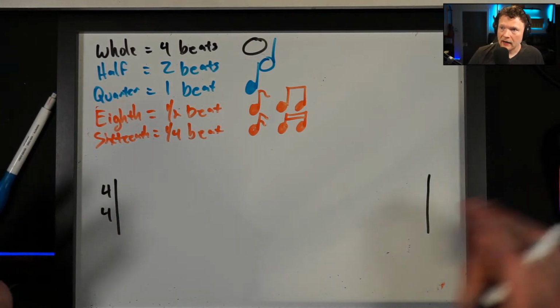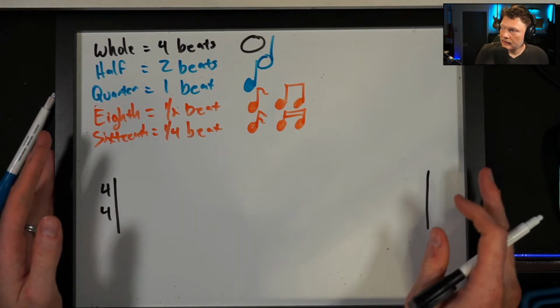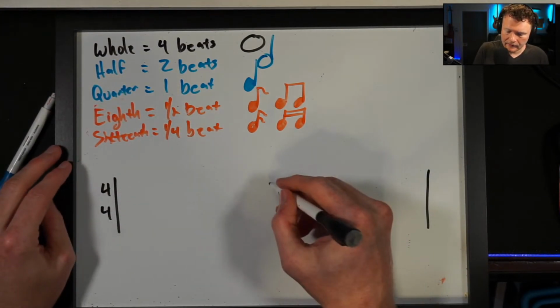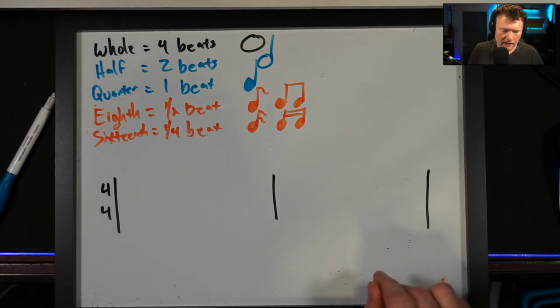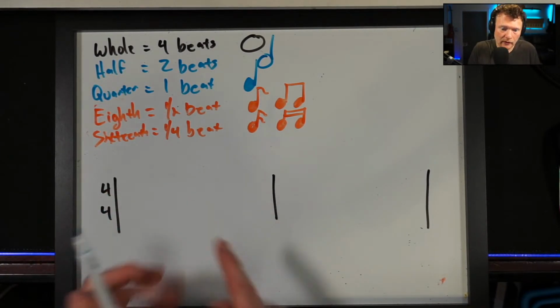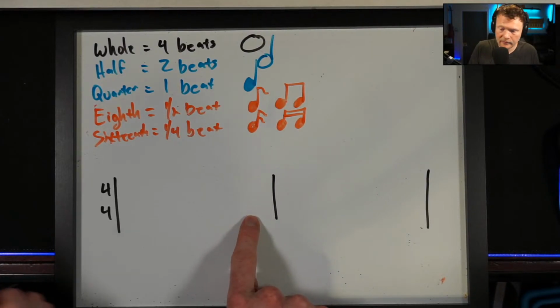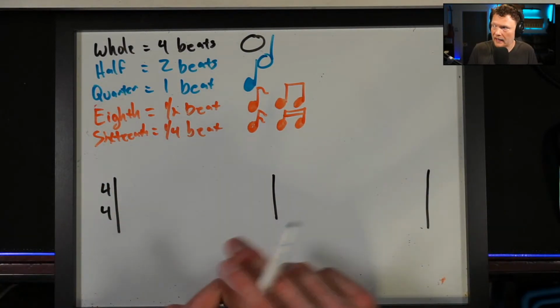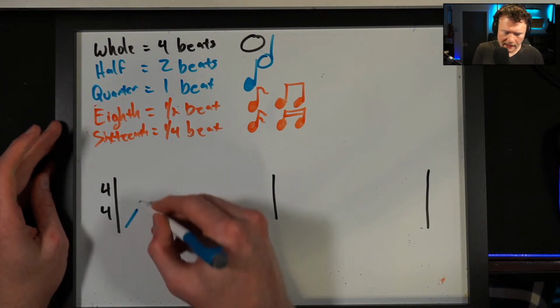Okay. Now, sometimes though, you don't want to have that. You want to have something filled more, so you're like, well, maybe I have a note played right here on the 4th beat, but I want it to hold out longer than just 1 beat. How do I do that? Okay. So let's say we had a quarter note.